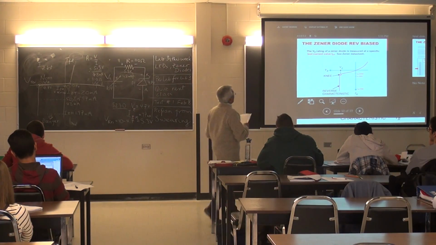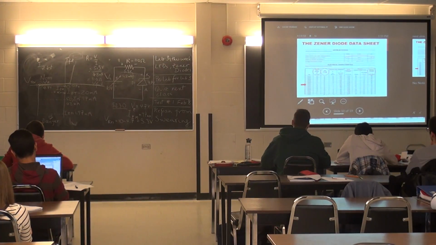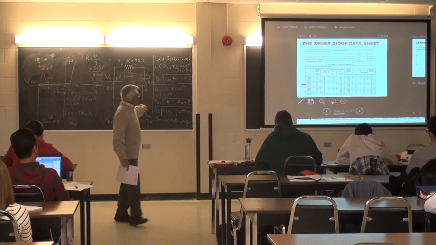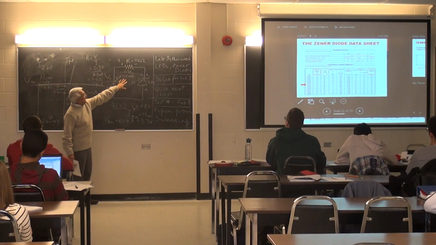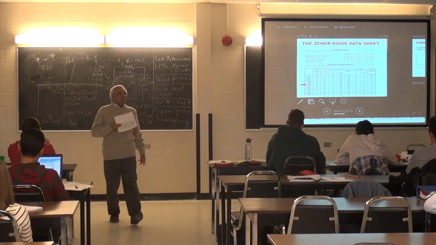One more parameter that's important is the power. So let's see if we can get to the power slide now. Okay. If I have a current of 48 milliamps and a voltage of 5.3 volts, what is the product of voltage and current?